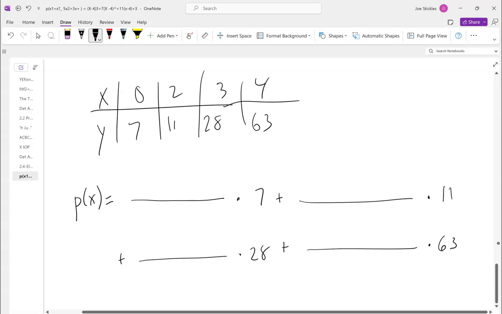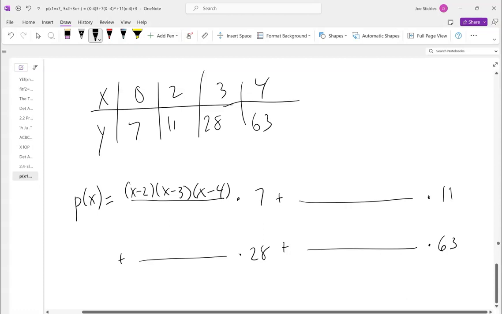If I want it to be 0 when it's 2, and 0 when it's 3, and 0 when it's 4, what does the numerator need to be? Good. Back in algebra class, you've probably created polynomials where they have zeros at certain places. That's what we're doing, right? I'm creating a polynomial that has a 0 at 2, at 3, at 4, right?